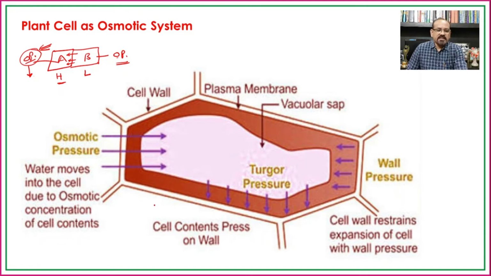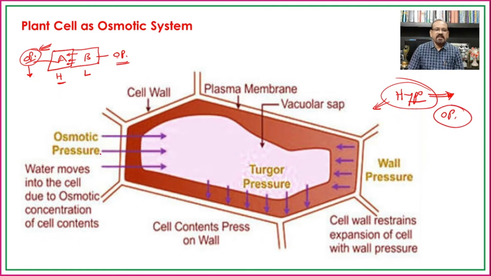So here, when the cell is kept in a hypotonic solution, it means that the water will enter inside, because the outside is a hypotonic solution, a solution with less concentration, so it will have the lower osmotic pressure, and the cell will have the higher osmotic pressure. So the water will move from the lower osmotic pressure to the higher osmotic pressure.